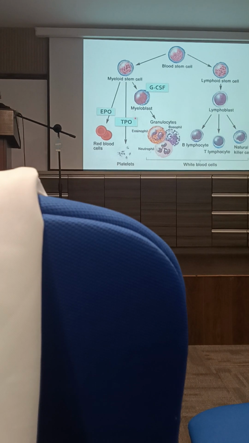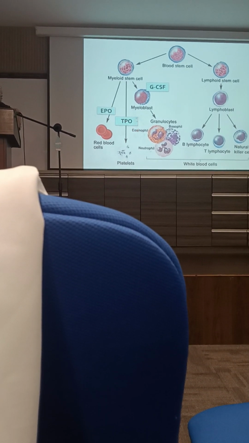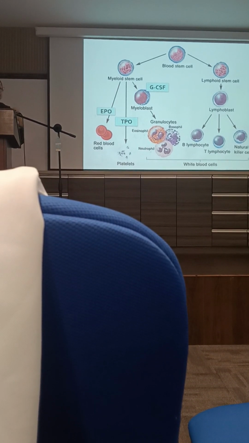Right, so the more popular or known ones, the ones that we actually manipulate in the clinical setting, have you heard of EPO? Yes, what is EPO? Erythropoietin. Okay, how about TPO? Thrombopoietin. So all of these are factors that are important to direct or mediate the different programs.